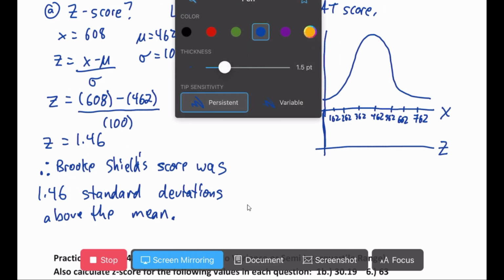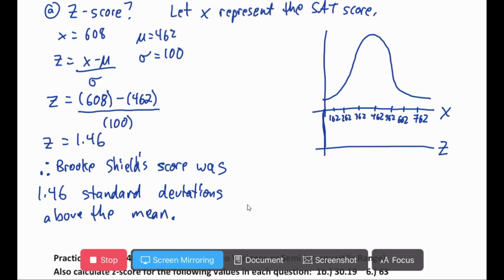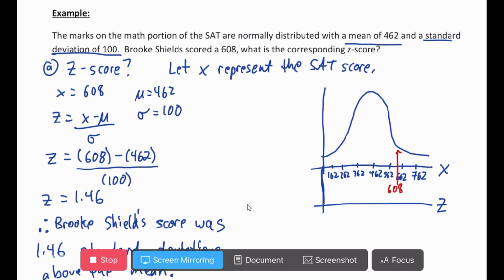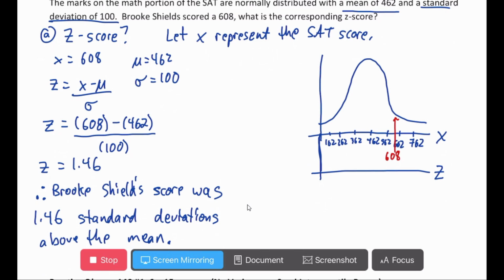What did she score? She scored a 608, so we'll make a mark approximately at that point. We're just sketching by hand to get a visual feel for it. It doesn't need to be exact. So 608 is going to be around here. And the mean was 462.